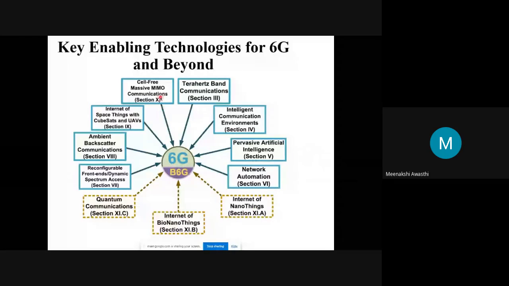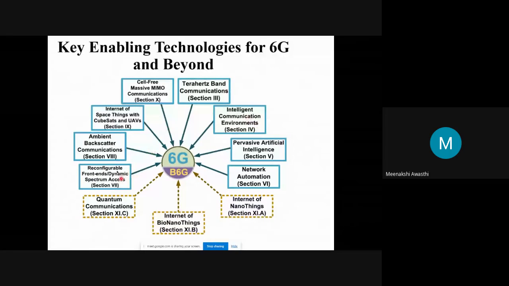So in 6G, we have discussed cell-free massive MIMO communication. Then terahertz band communication is a technology that is there in 6G. Then intelligent communication environments.